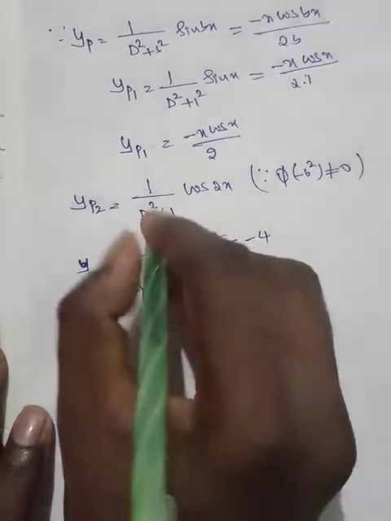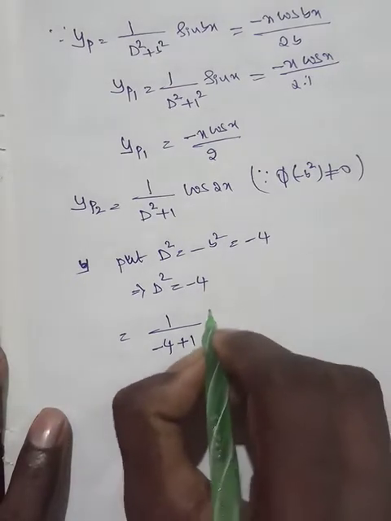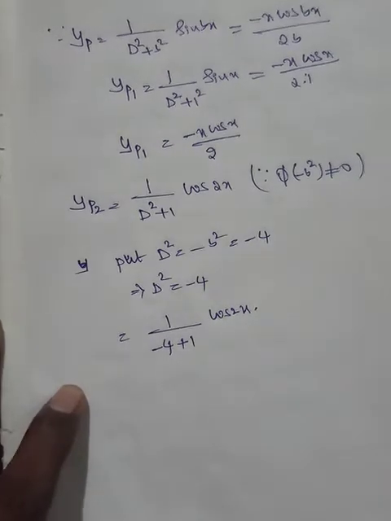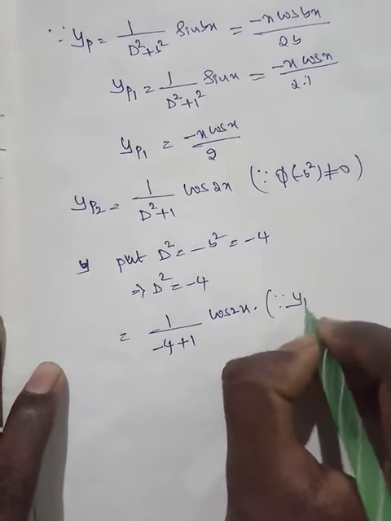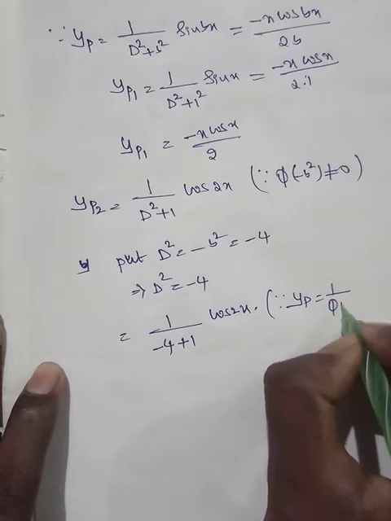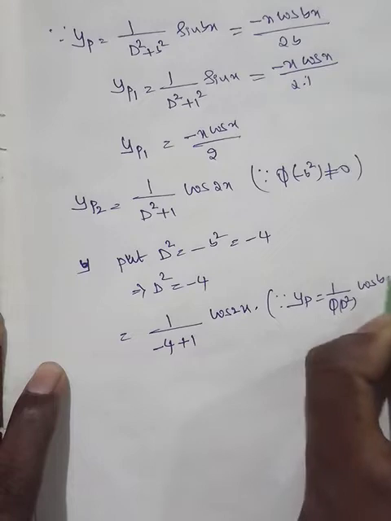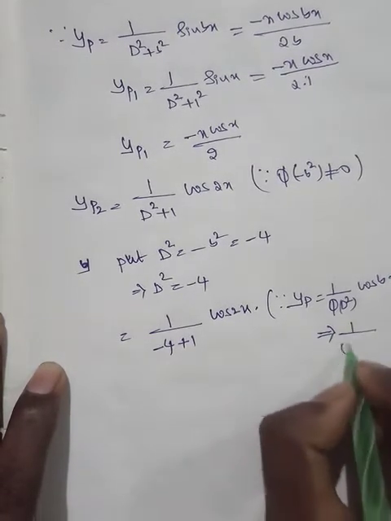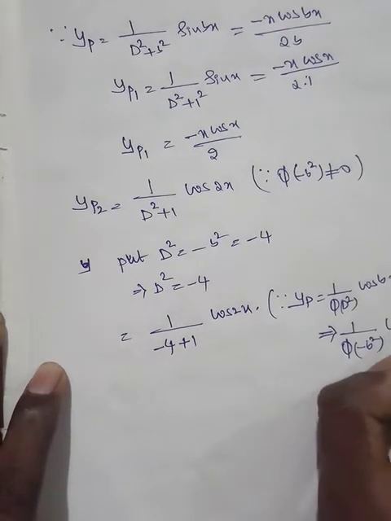Finally, in the place of D square I am keeping minus 4 plus 1 cos 2x. Same as it is I am writing here. Here I am mentioning the formula also for your easy understanding: 1 by phi of D square into cos bx equals 1 by phi of minus b square into cos bx.